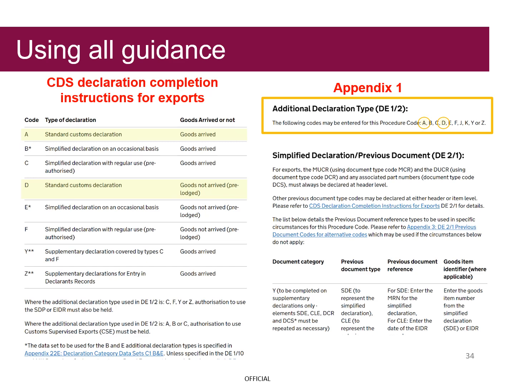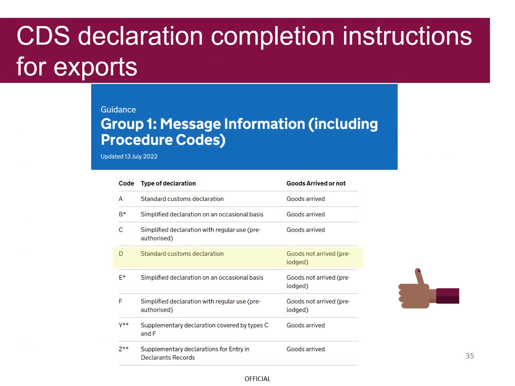As Grayson is using Declaration Category B1 with a Procedure Code of 1040 and making a standard customs declaration, the only options are A and D. Grayson will use either code A or D as he is completing a standard customs declaration for exports.